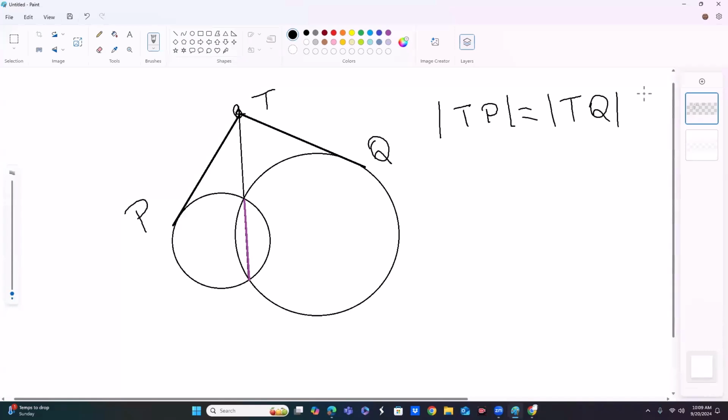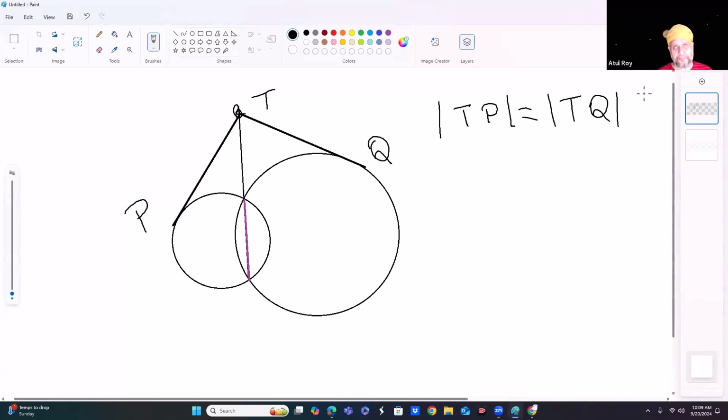So what I was trying to do last time, we did a lot of things, and then we ran out of time. So first, let me recall a theorem for you.